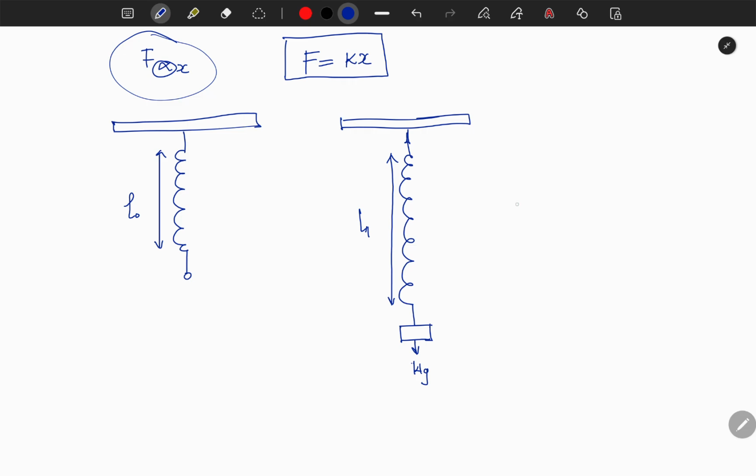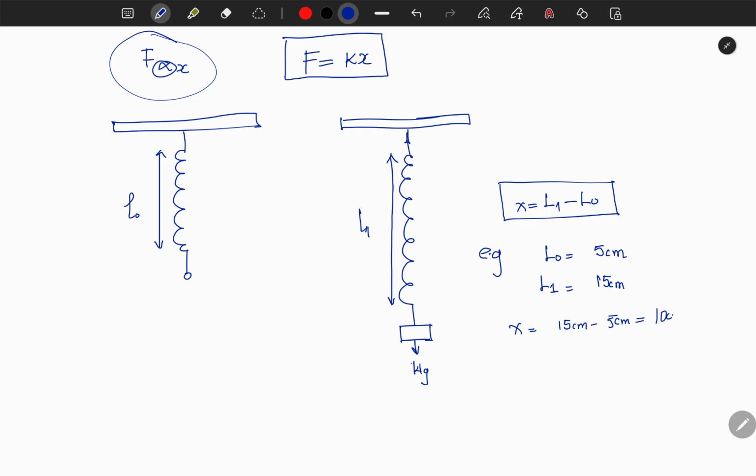So what is extension? Extension is the difference between the final length and the initial length. For example, if L0 was 5 centimeters, and after applying the load to the spring we have 15 centimeters, then our extension x will be 15 centimeters minus 5 centimeters, giving us 10 centimeters.